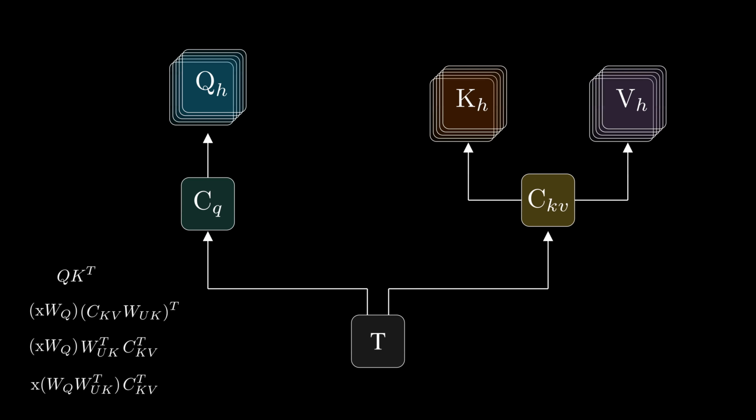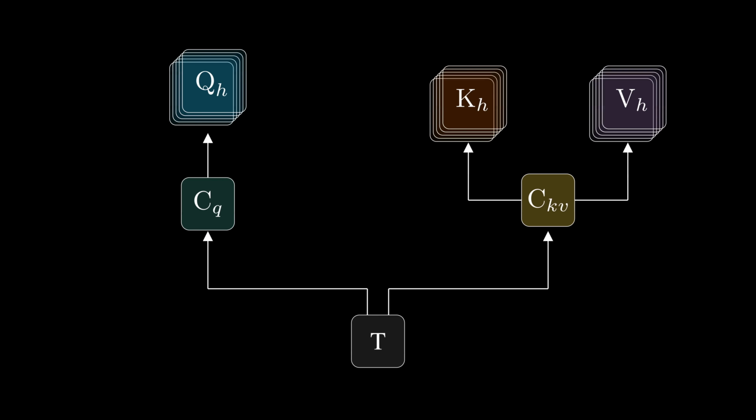Remember, the whole efficiency gain of MLA comes from never explicitly reconstructing keys during attention. Unfortunately, once RoPE gets introduced, the rotation terms end up sitting between WQ and WUK, which basically is going to break the weight absorption trick that we used. So if we naively applied RoPE, we would again need to reconstruct keys, defeating most of MLA's efficiency advantage.